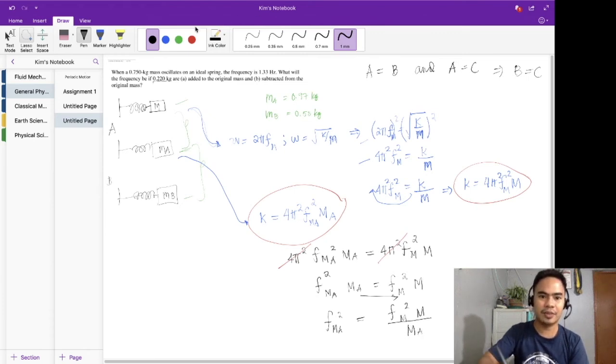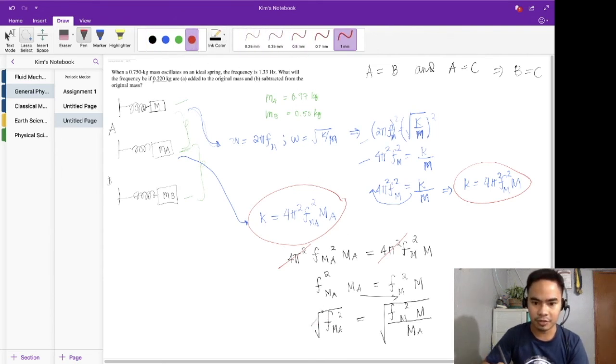Okay, so you're dealing with squares. The nice thing to do here is you take the square root of both sides. Taking the square root of both sides will simplify our expression, so the radical is taken out, and so is the square on f sub m.